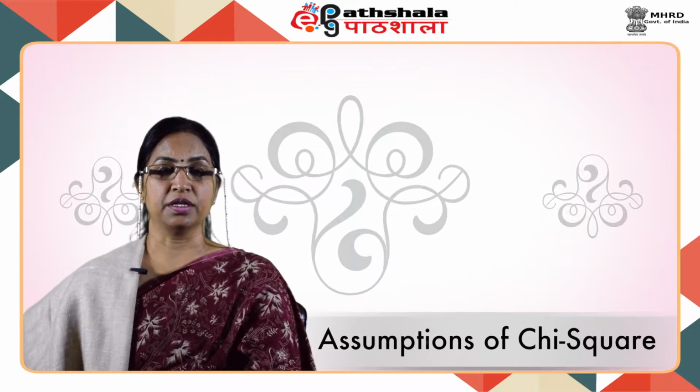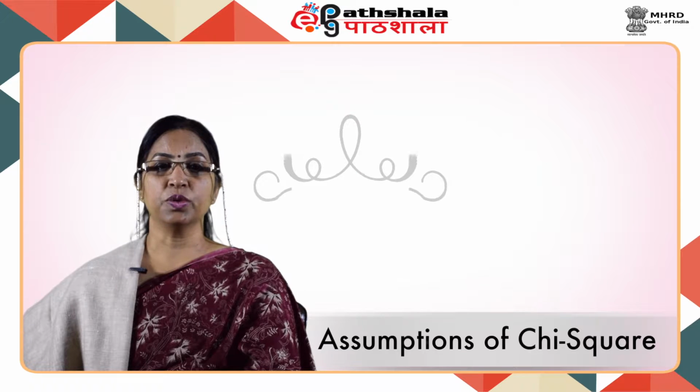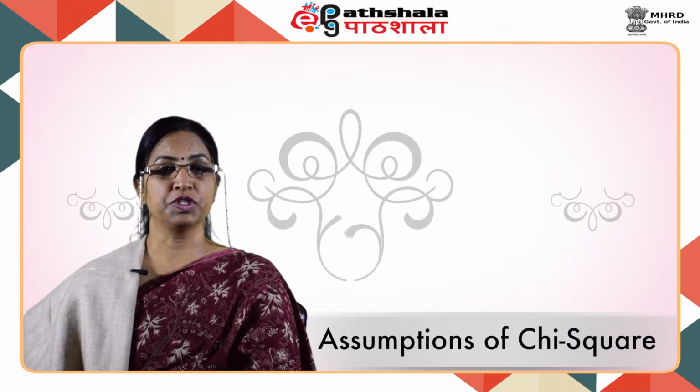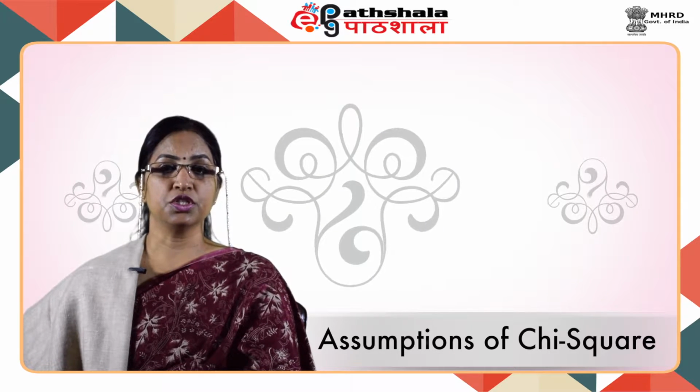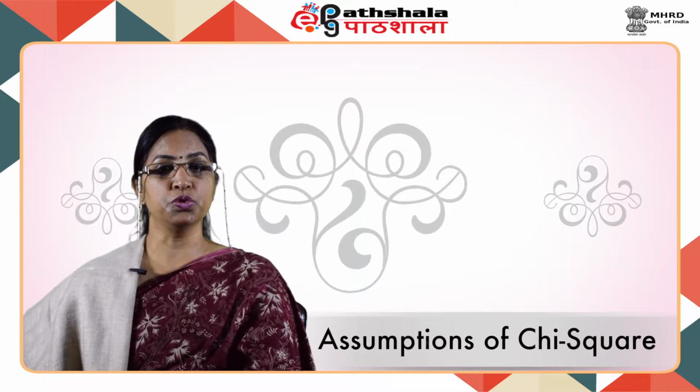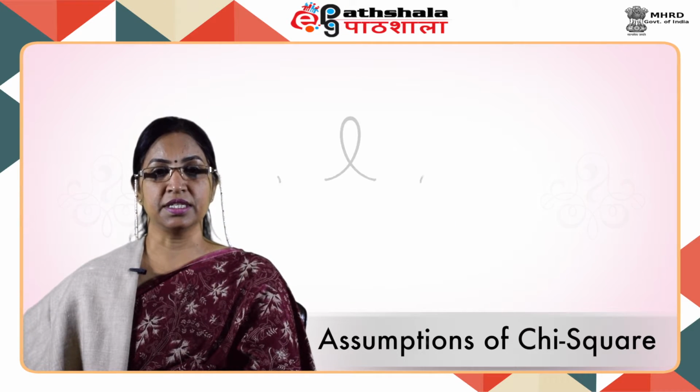Assumptions of chi-square. As stated, the chi-square is a goodness of fit test and a test of independence. Therefore, the test does not command many of the usual assumptions that statistical tests are based on.